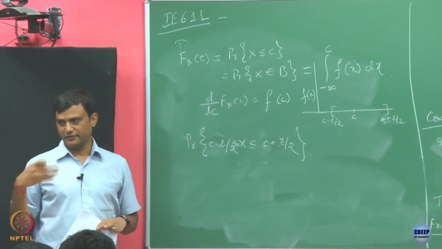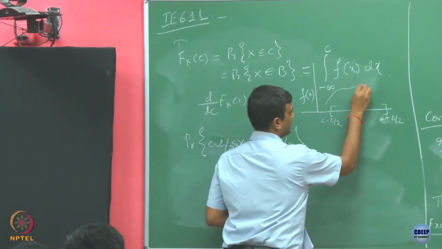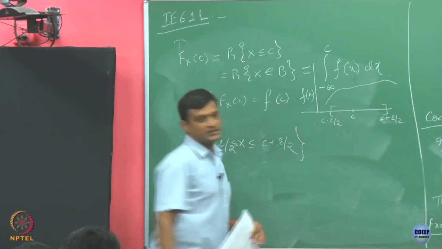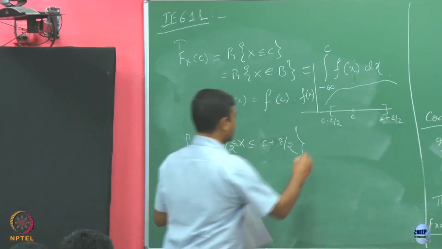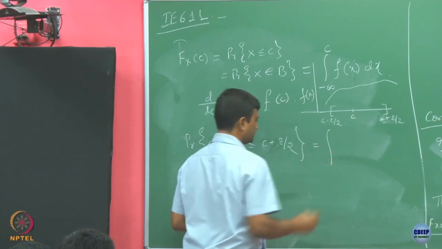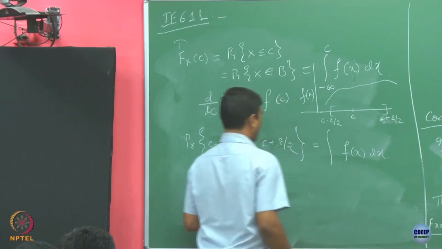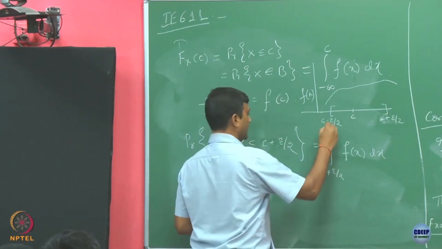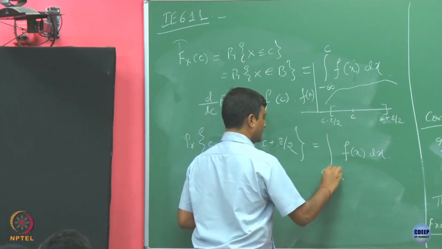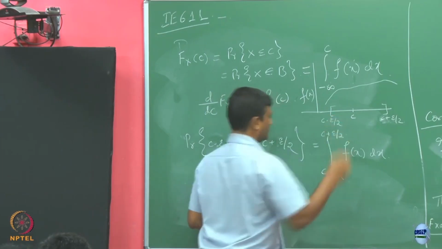Let us say, for some reason, f of x looks like this. Now if you are going to apply the formula here, what we are saying is this is between c minus epsilon by 2 and c plus epsilon by 2.